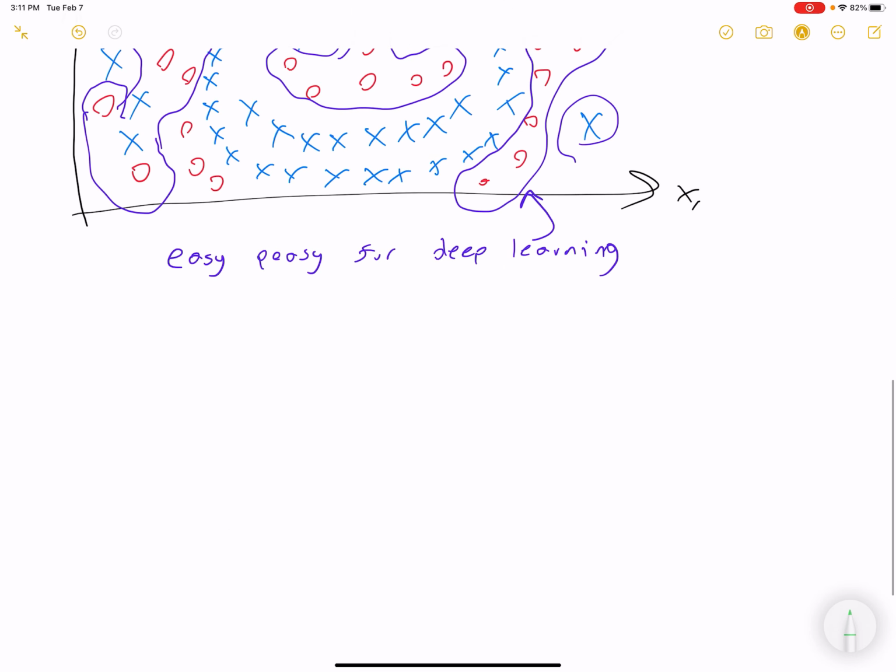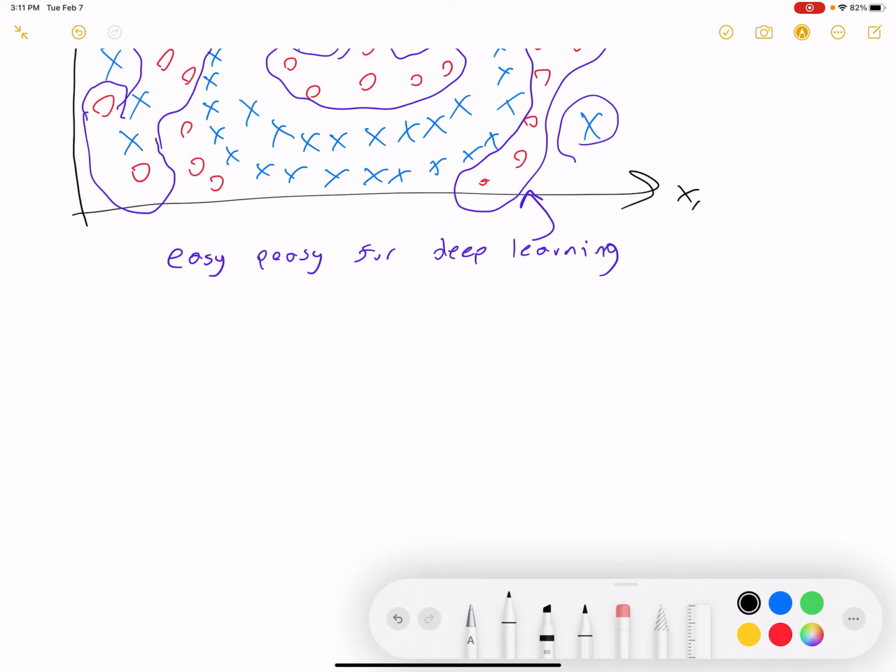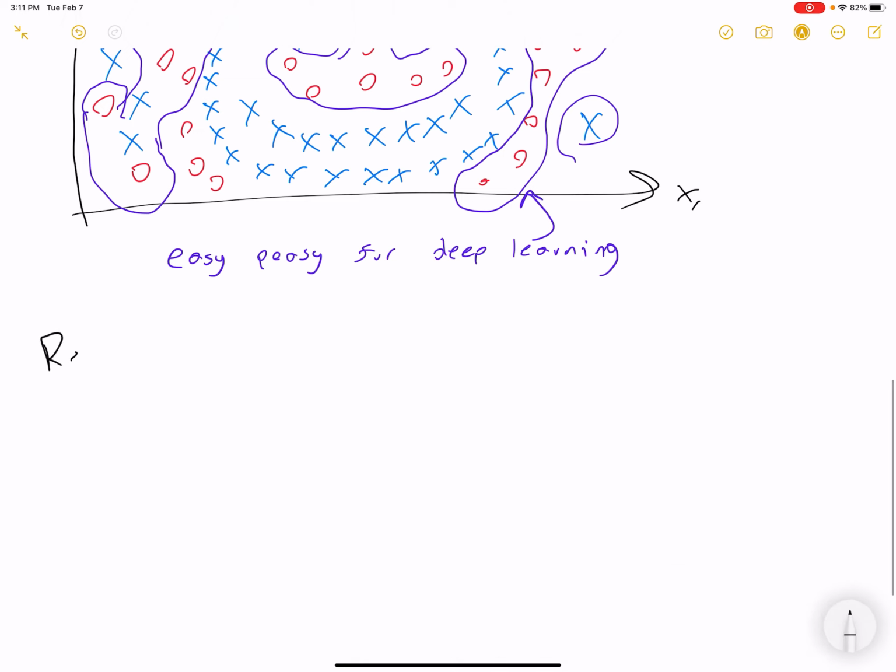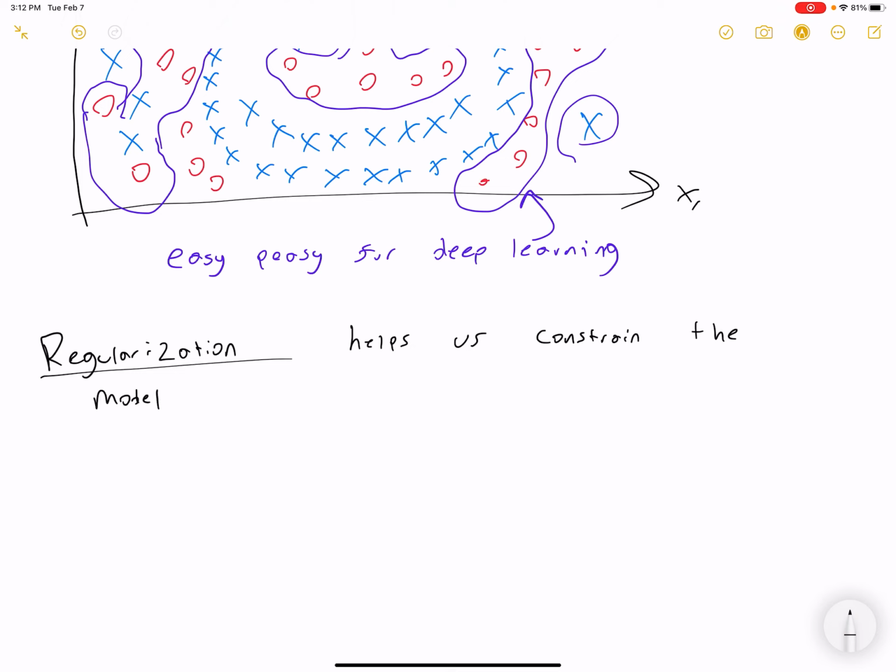So let's write this a little bit more formally now, but that was the motivation. So regularization helps us constrain the model basically from doing so well that it fails to generalize.